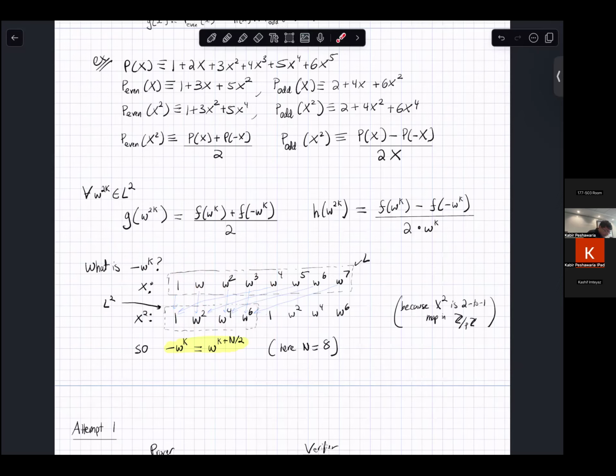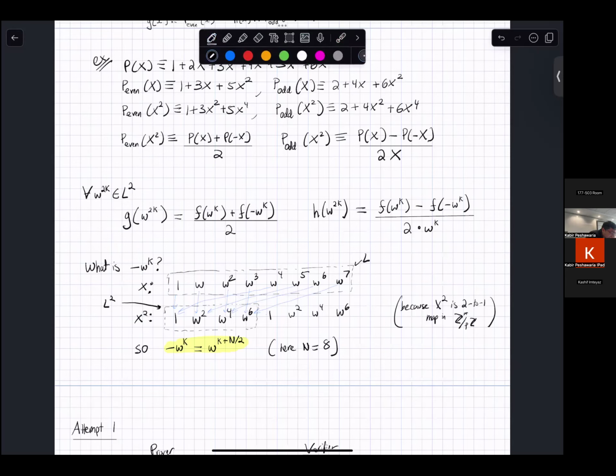So actually for each element here, if you look at its fiber, or its pre-image, you see there are 2 elements that map to it. There are 2 elements in L that map to this element in L squared. This is another way to say x squared is a 2-to-1 map in Z mod P Z star.